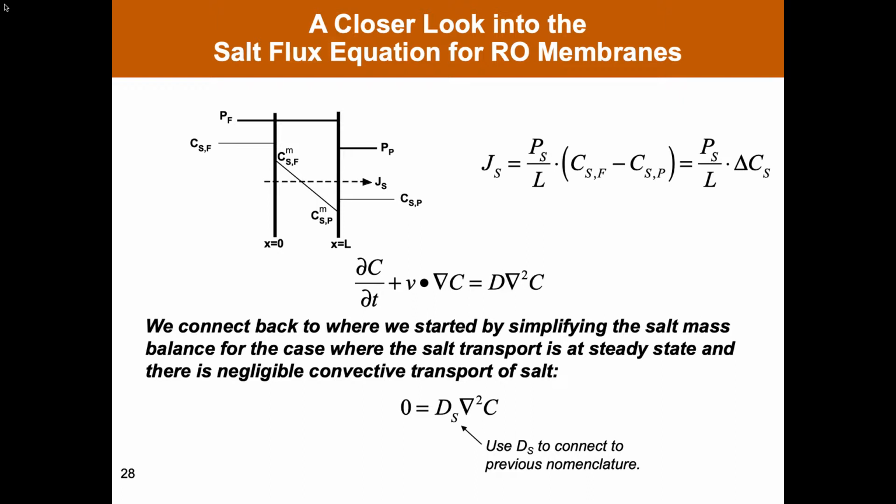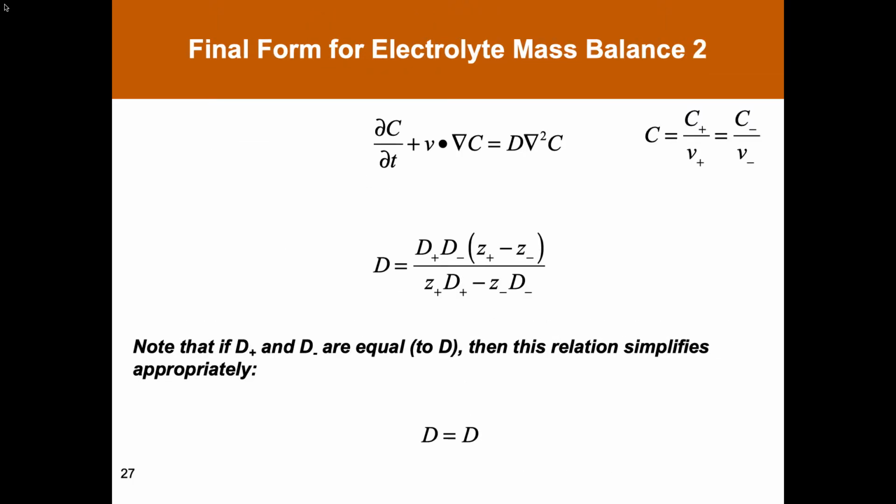And in a case where the membrane is operating at steady state and where convection is not important, which is often the case in the operation of desalination membranes, we can solve Fick's second law in a very simple form. And now I've added an S as a subscript to this D to explicitly recognize that this is neither the cation nor anion diffusion coefficient in the membrane, but what we call the salt diffusion coefficient. It's this guy.